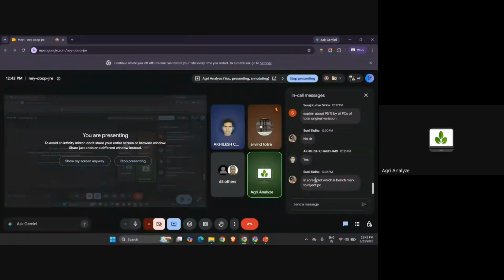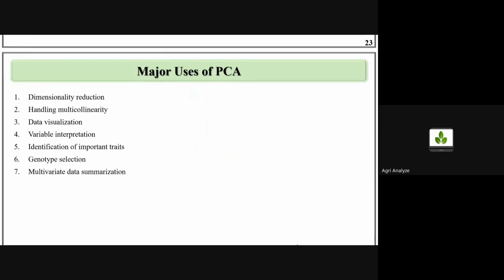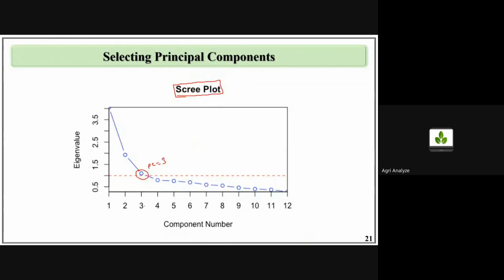Okay, Sunil Kole, in the scree plot, here I mentioned that point. This looks like an elbow-like structure. Yes, sir. Okay, this looks like an elbow-like structure because after this there is no drastic decrease in eigenvalue.